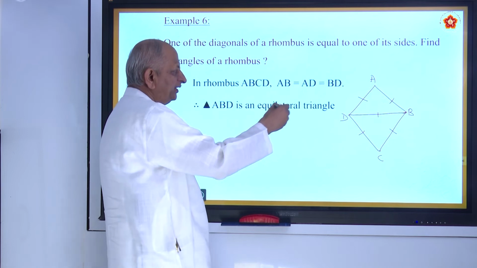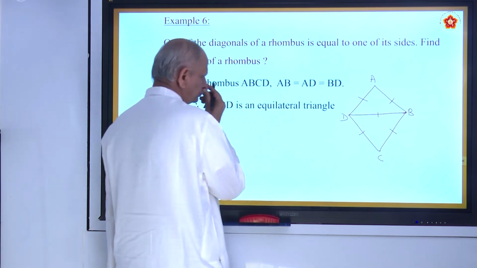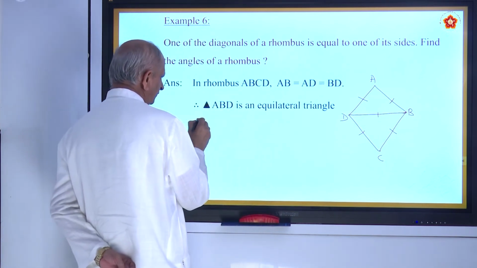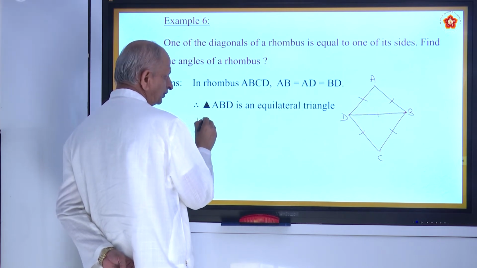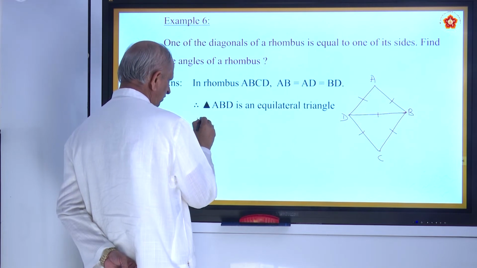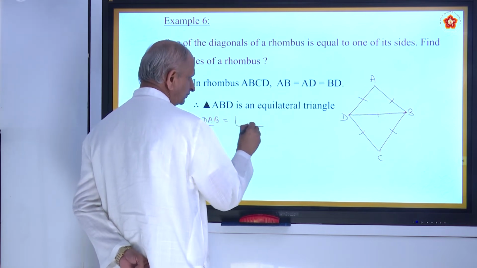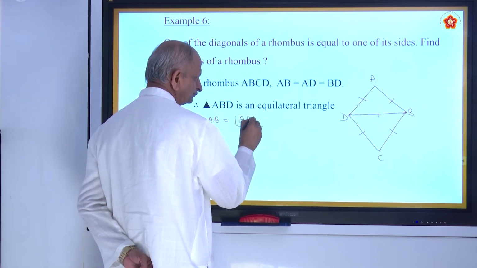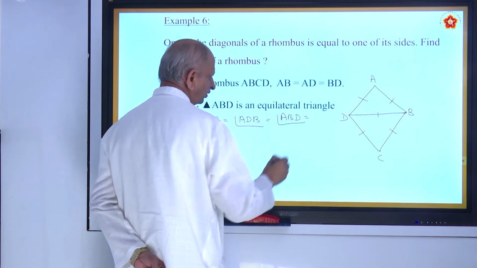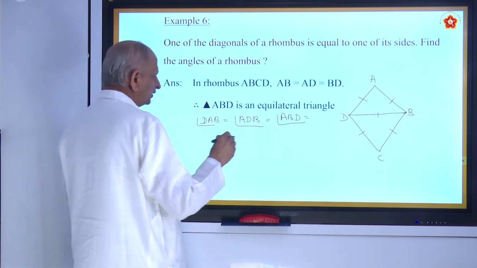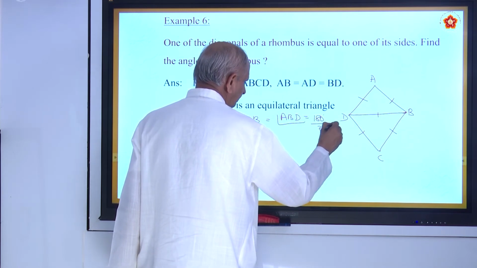Now here ABD is an equilateral triangle because all the three sides are equal. So each angle becomes, angle A, we call it DAB. DAB is angle A. Then ADB is equal to ABD, because the sides are equal, angles also equal, 180 by 3, that is equal to 60 degrees.